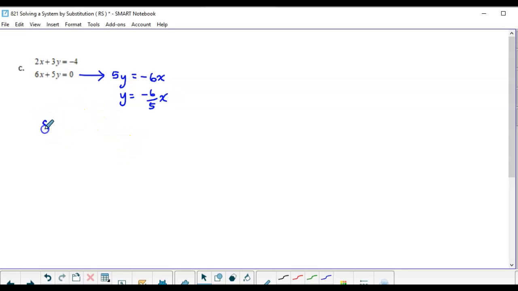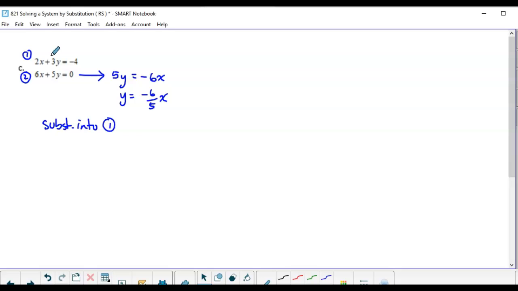Okay, and then I'm going to substitute that into equation 1. Now, it just so happens that I've been taking equation 2 and substituting into equation 1 in these examples, but that's not a rule. You can do equation 1 into equation 2, whichever is easiest.